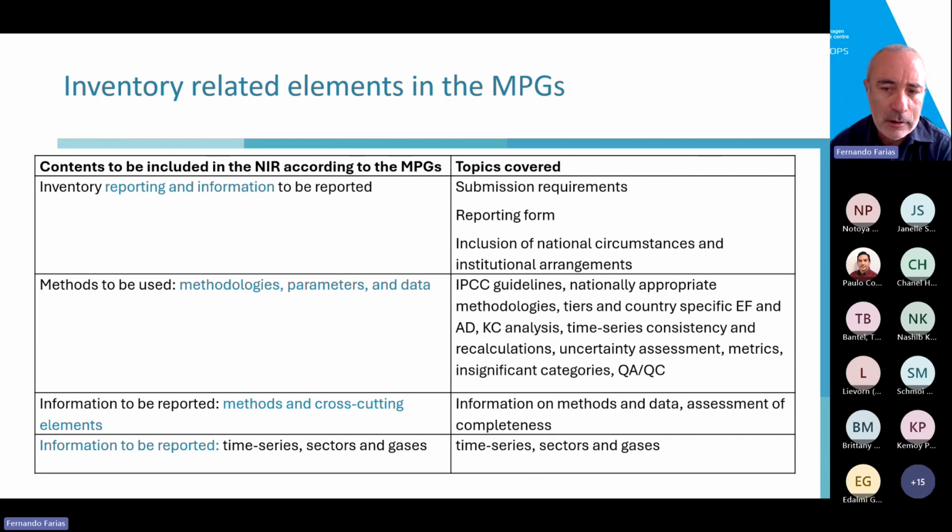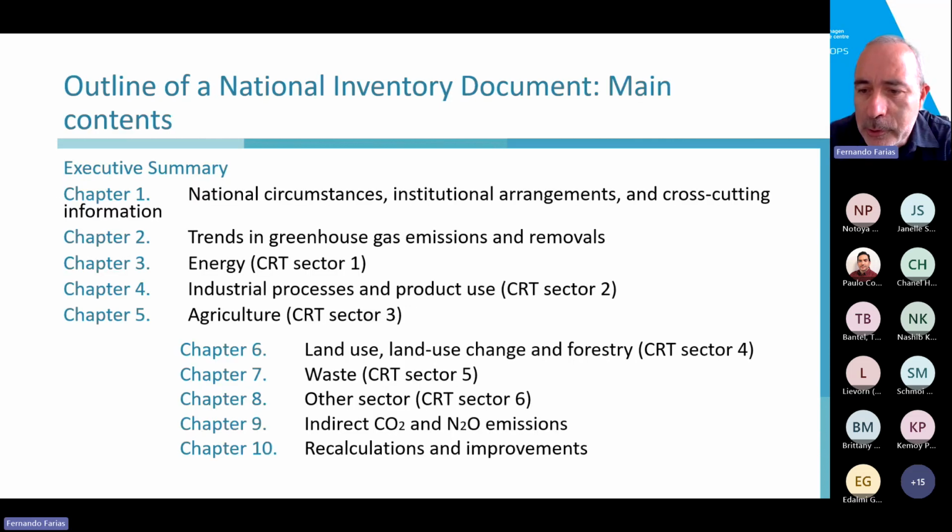All of these elements and also the elements that are part of the national inventory document will be included in our training. Our idea is that you can have a big number of elements that will be useful for preparing a chapter or a national inventory document that is the closest possible to complying with all the requirements.